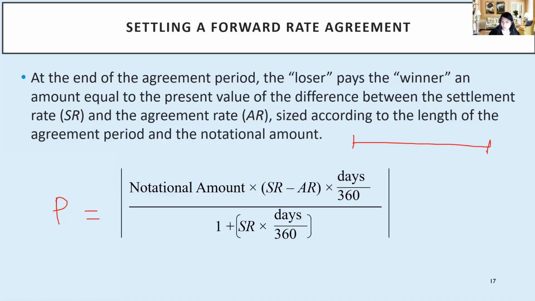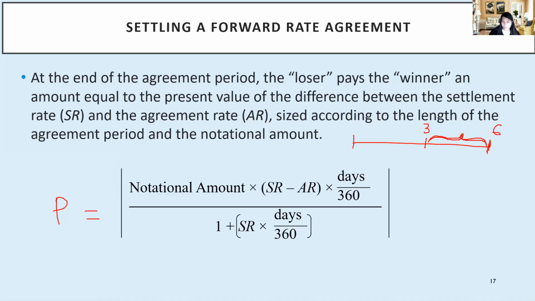In a 3 versus 6 FRA contract, we are agreeing to settle the interest differences for this period, calculated off this period over here.